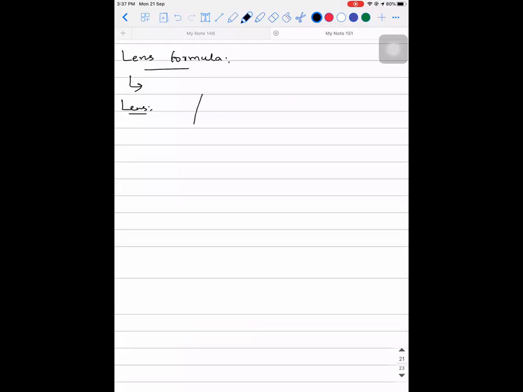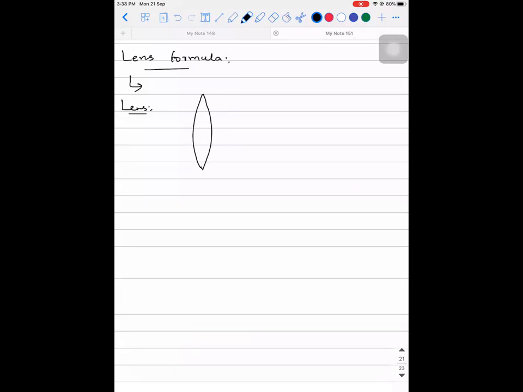A surface which refracts, and it is a part of a sphere. If it has two refracting surfaces where at least one of the refracting surfaces is spherical in nature, then that is called a lens.